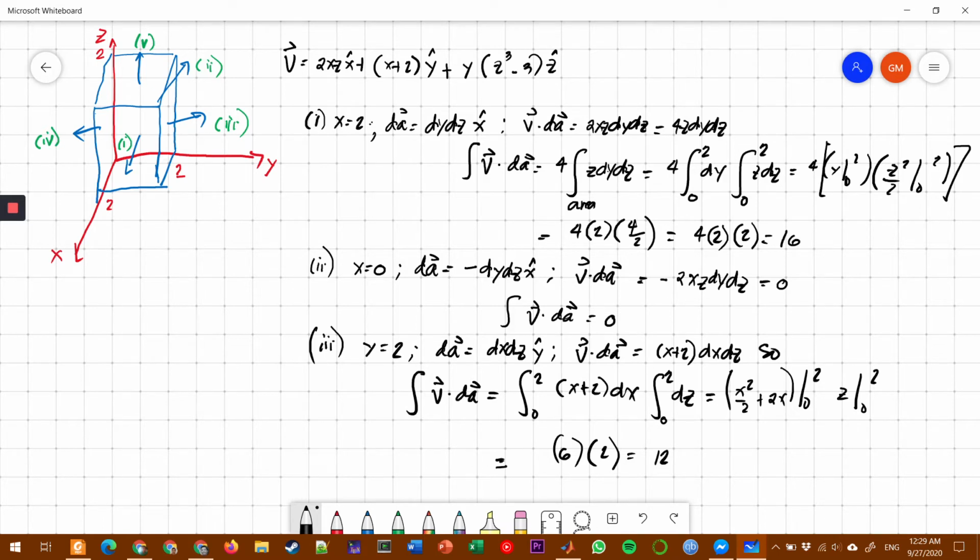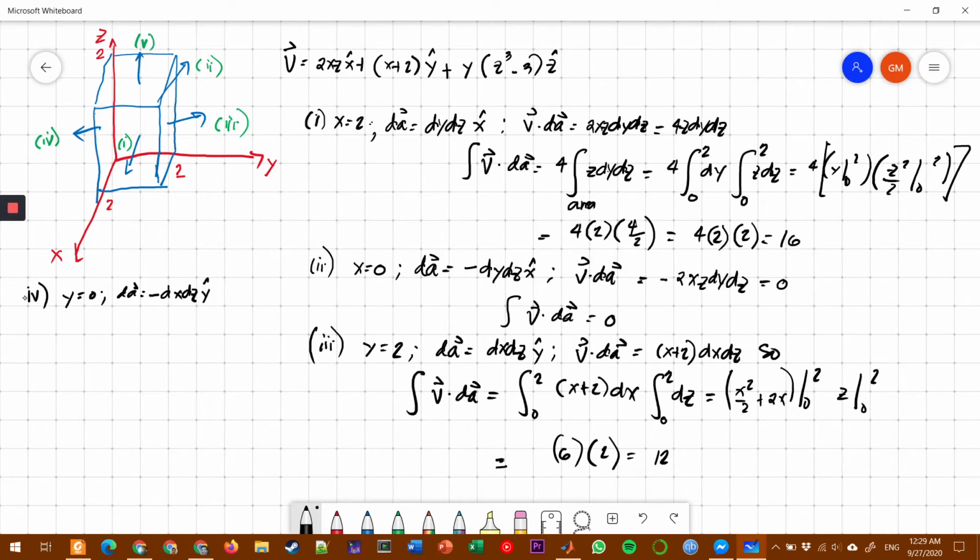Now for region 4, I think it's similar. So, region 4. If you take a look at region 4, it's at the origin, right? So this becomes y equals 0. And then the area is now negative dx dz.